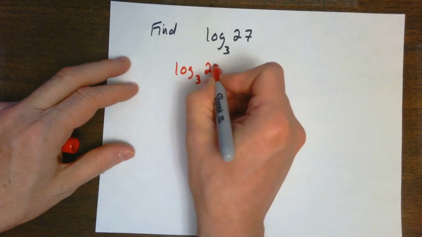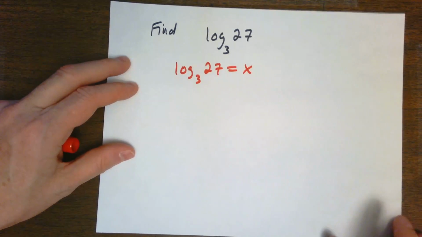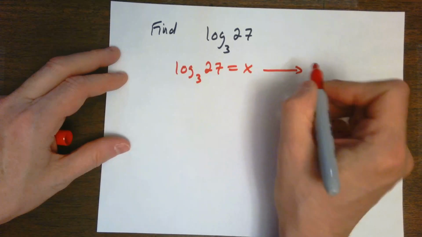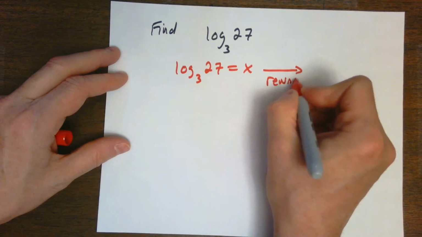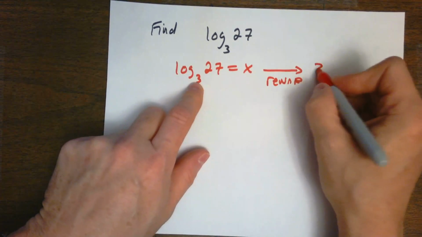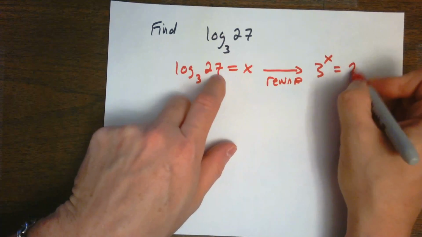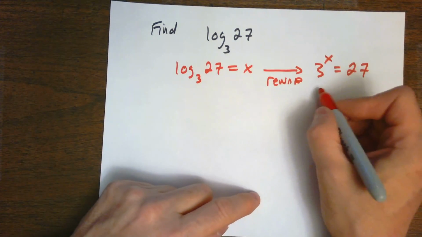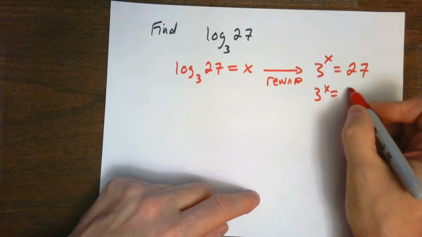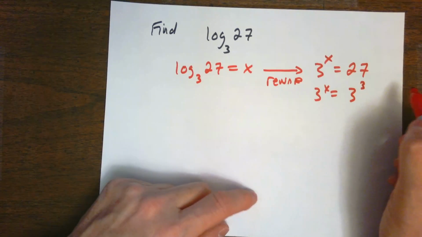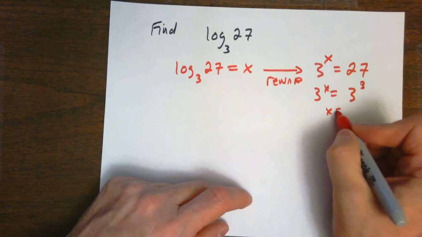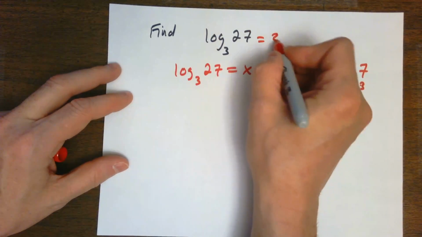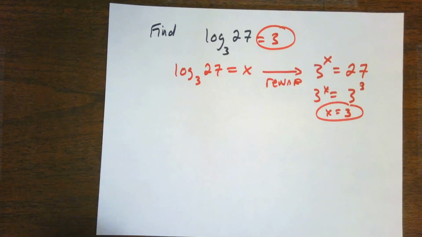Log base 3 of 27 equals x, and then I'm going to solve for x by rewriting it: 3 to the power of x equals 27. 3 to what power is 27? Well, 27 is 3 cubed. Therefore, x equals 3. Log base 3 of 27 is 3.